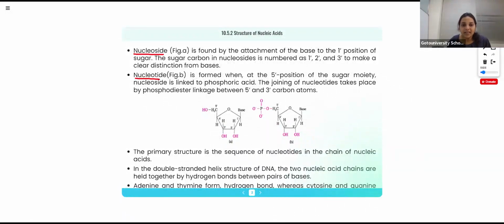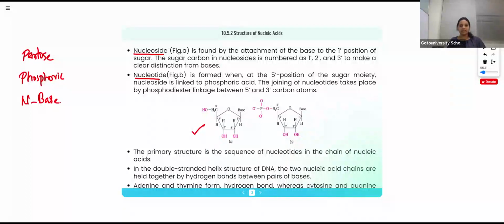In figure A, you can see it is nucleoside, right? So what do you mean by a nucleoside? In DNA, as I told you, the DNA contains different components like pentose sugar, phosphoric acid, then one more thing is there, that is nitrogen base, right?